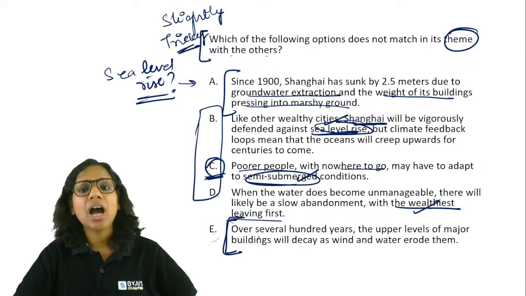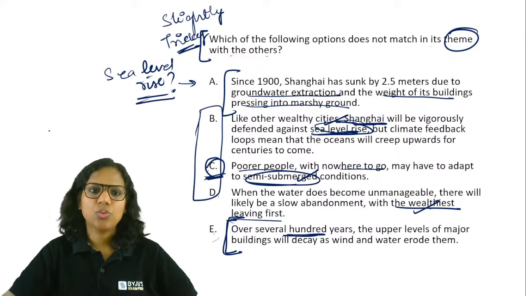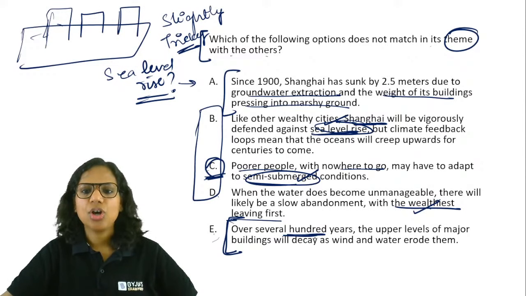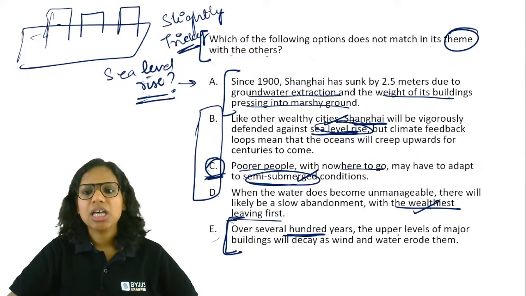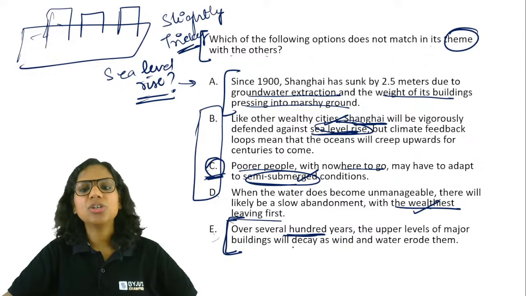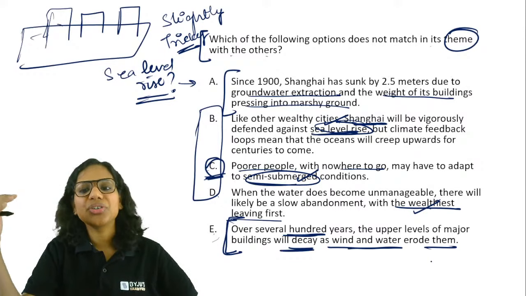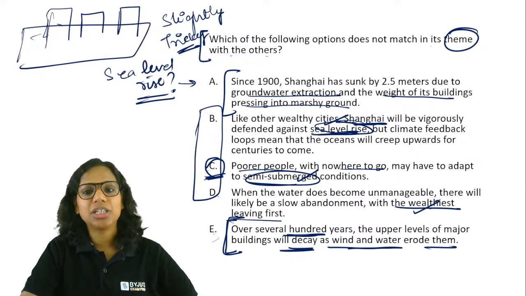Actually, how it is connected is, see, over several hundred years, when there is a place that is semi-submerged in water, the upper levels of major buildings will decay as wind and water erode them. So over several hundred years, what is going to happen ultimately? There will be a lot of moisture in this area.